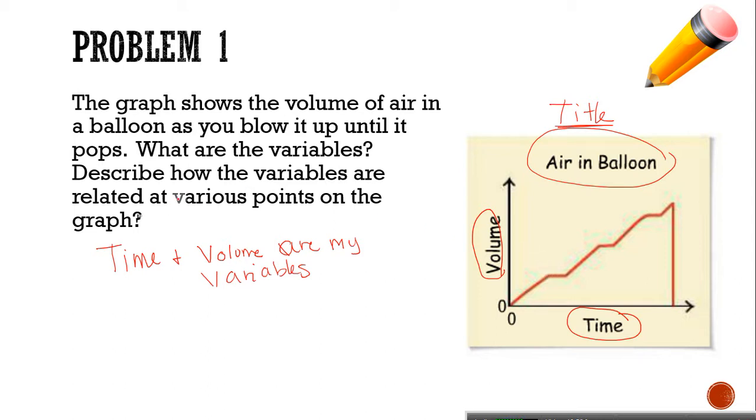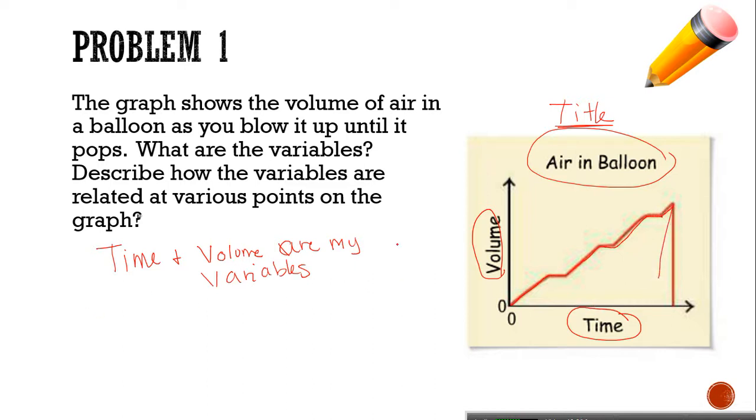Now I need to describe the variables. It looks like my graph goes up, and then it stays constant for a little bit. It doesn't go up or down, it just stays in a straight line. Then it goes up again, and then constant, and then up again, and then constant, and then up again, and then straight down.